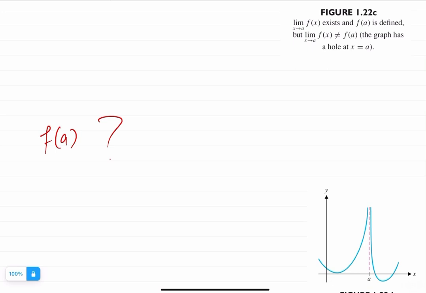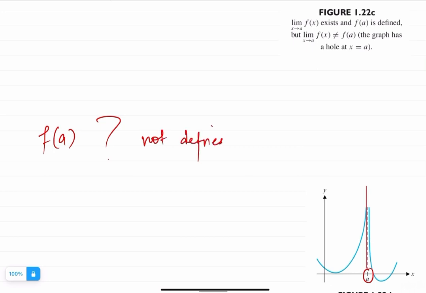We can see that corresponding to x equal to a, we are not getting any y value. Since we are not getting any y value, that means f(a) is not defined. So it is failing the first condition, so this is not a continuous function, this is discontinuous.